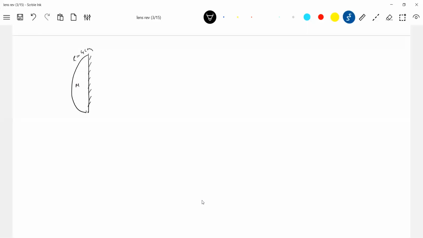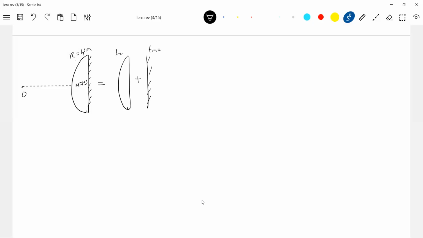Mu equal to 1.5. Okay, again, I need not do anything. So here, what is it equal to? Lens plus this one.